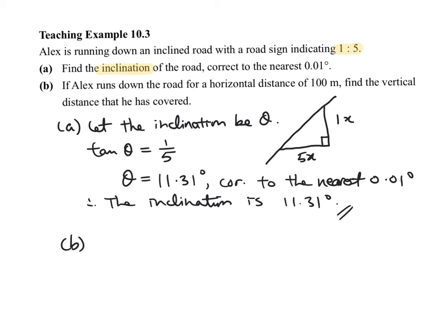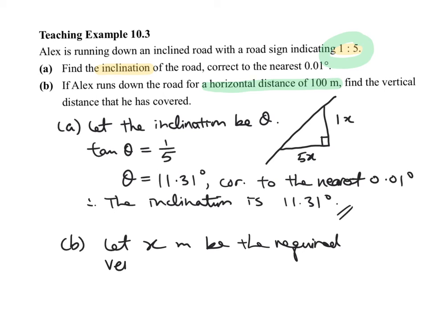Let's look at part B. If Alex runs down the road for a horizontal distance of 100 meters, find the vertical distance that he has covered. So we have more information. Horizontal distance is 100, and the gradient is 1 to 5. We'll let x meters be the required vertical distance.